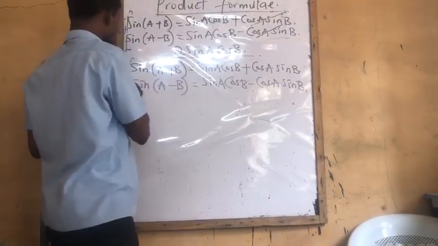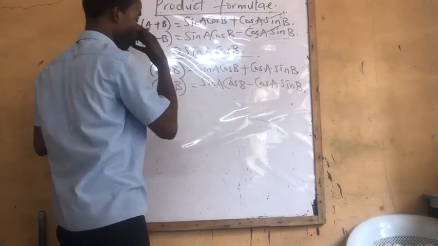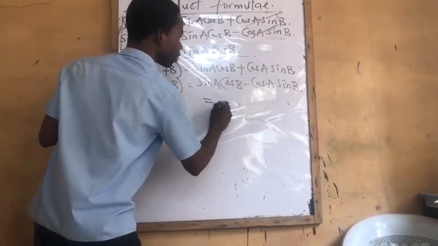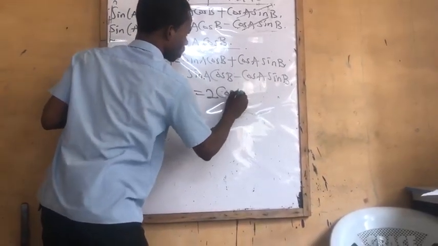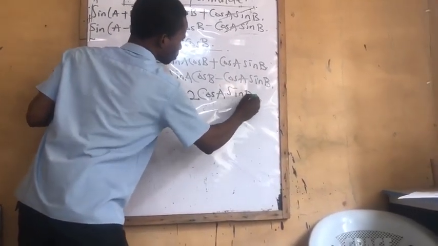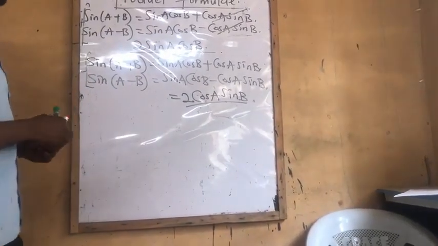Now, minus times minus will be plus. That means it's going to give me 2 cos A sine B. That is when I subtract.